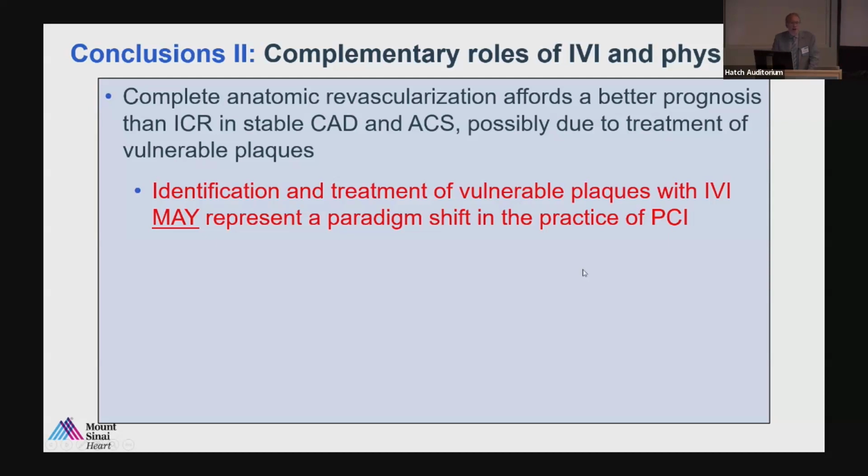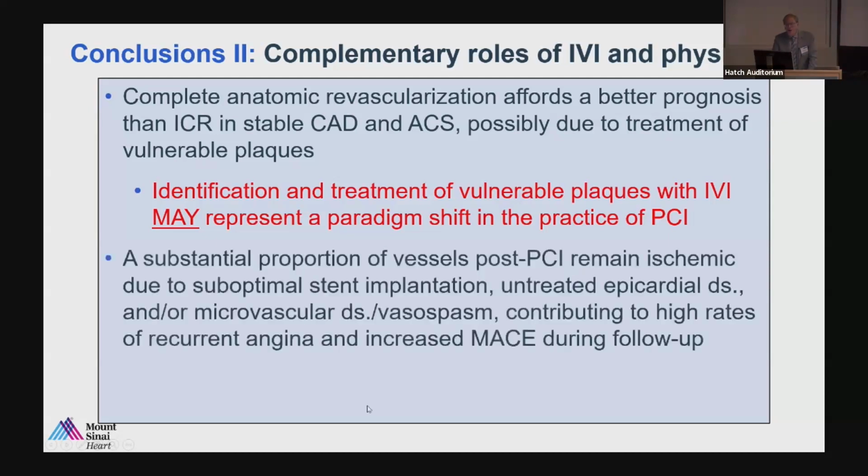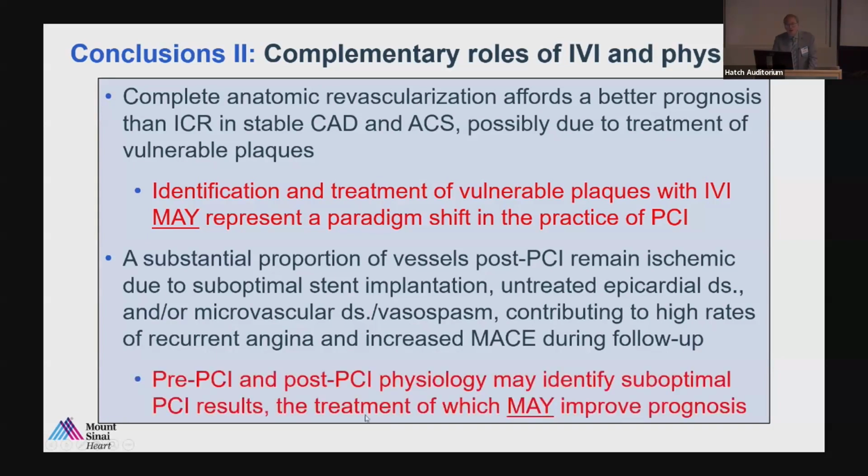We'll see what the results of the ongoing trials are. Finally, a substantial proportion of vessels after PCI remain ischemic due to suboptimal stent implantation, untreated epicardial disease, and/or microvascular disease or vasospasm, contributing to high rates of recurrent angina and increased MACE during follow-up.